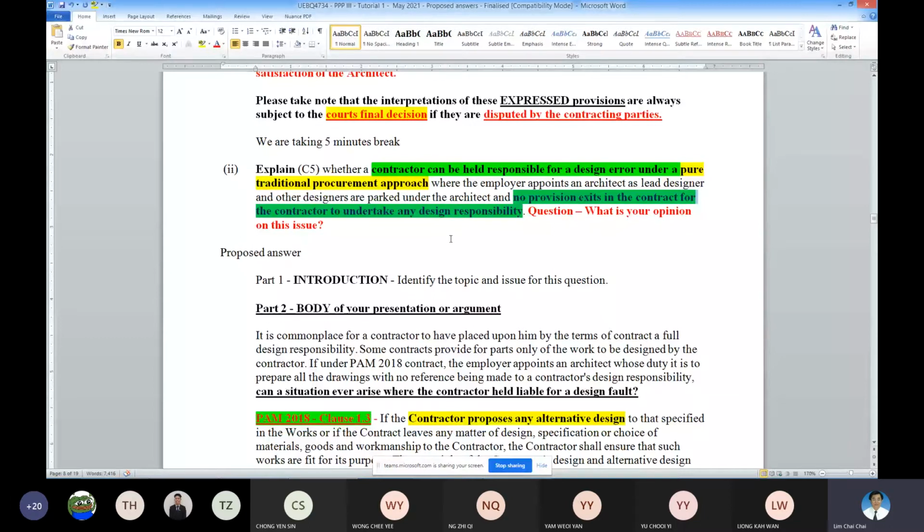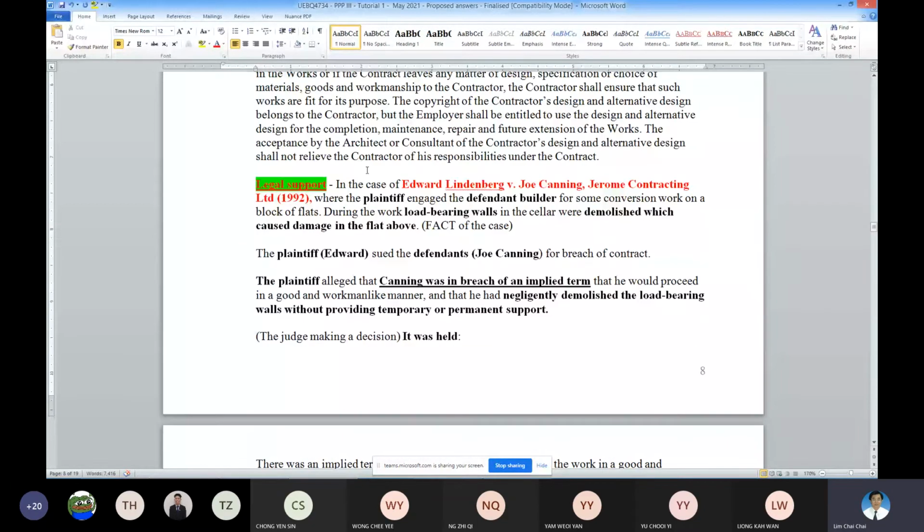Now the question is, if there's a dispute, what is the judge going to interpret? So this is the issue here. The issue is under Edward versus Joe Canning Contracting. This is the situation here, where the contractor is Joe Canning and the employer, the owner, is Edward Lindenberg.